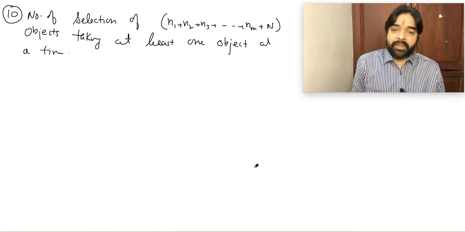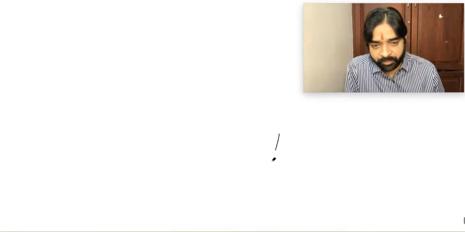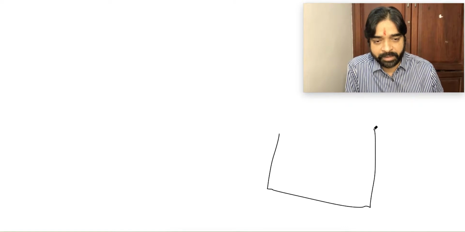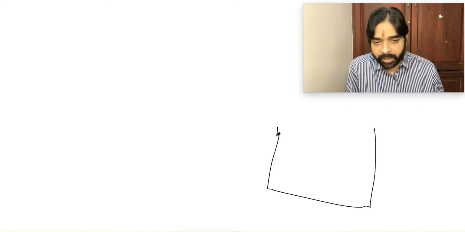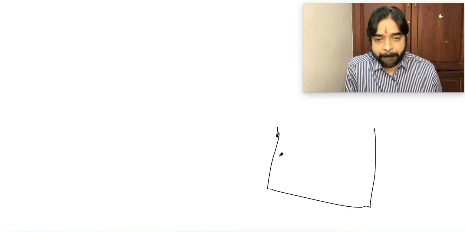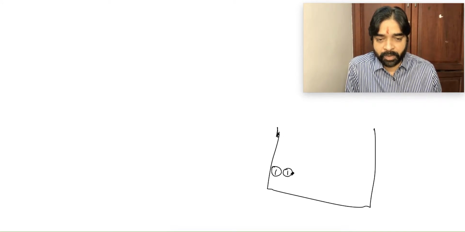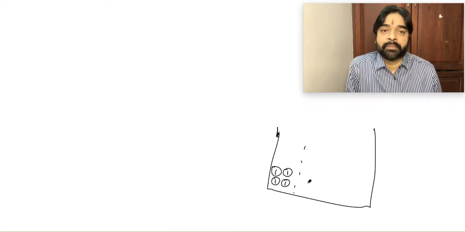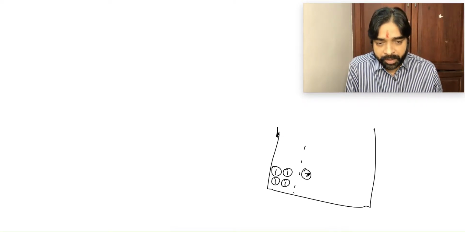Carefully think. Let's do it by understanding some examples so that we can feel it. Imagine in a container, there are some coins. 1 rupee coin, 4 coins are there. 3 coins of 2 rupees are there.